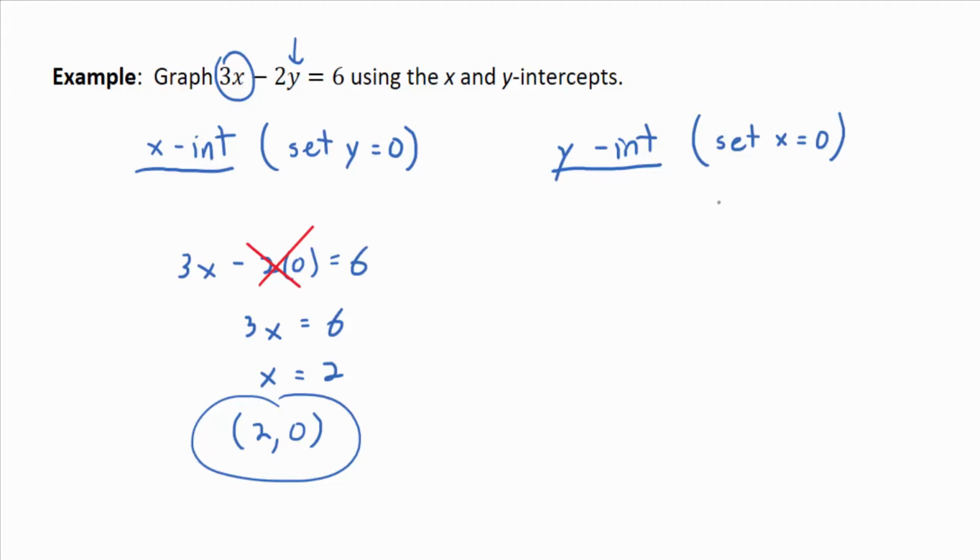No. All right. So it just becomes negative 2y equals 6. So what does y equal? y equals negative 3. So that's the y-coordinate of the y-intercept. But what's the y-intercept actually equal to? It's an ordered pair, so how do you write it? 0 comma negative 3.